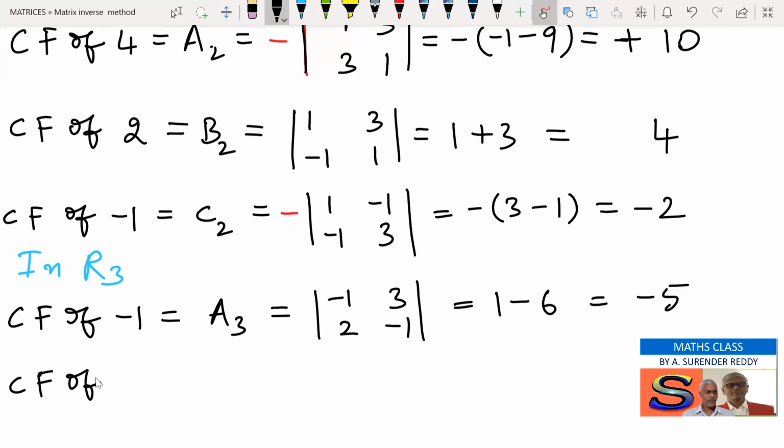Cofactor of the third row second element 3. Let us name it as B3. So for this we need to multiply with minus.